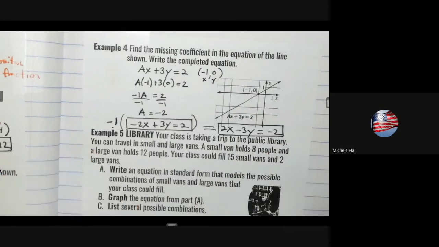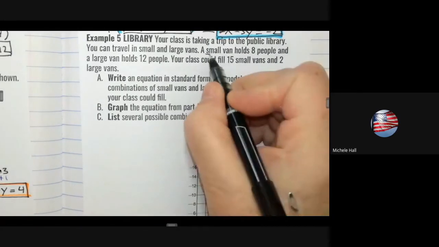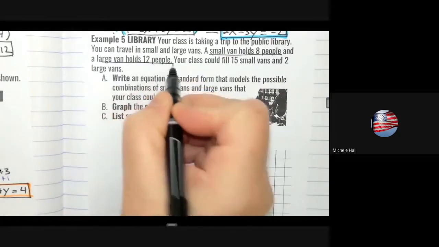My A is positive. Your class is taking a trip to the public library. You can travel in small and large vans. A small van holds 8 people, and a large van holds 12 people.